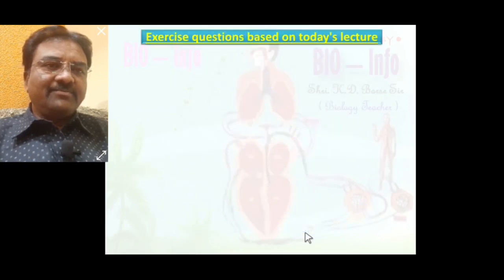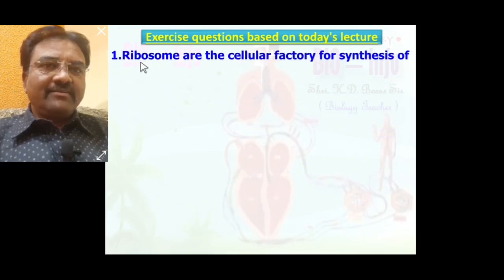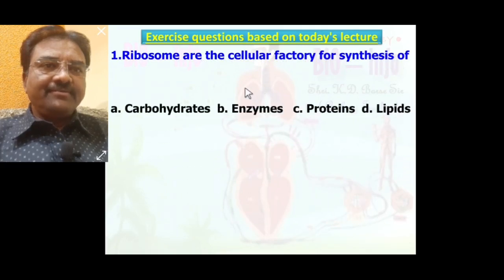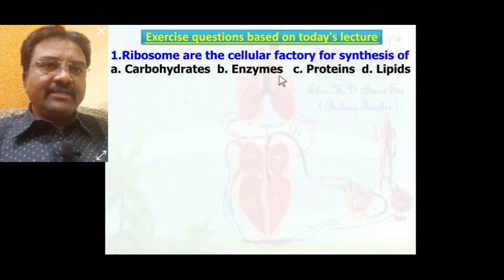On the basis of today's lecture, some exercise questions are noted here. Question 1, MCQ: ribosomes are the cellular factory for synthesis of carbohydrates, enzymes, proteins, or lipids? The correct answer is proteins, so C is correct.